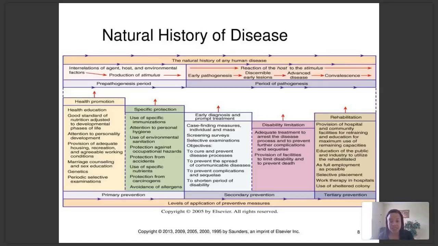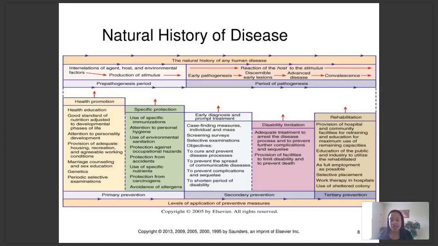So things like health education we're looking at, okay? Genetics is an increasing example of things that we're looking at to help prevent ahead of time so that the disease does not really occur. Personality development. And you wouldn't necessarily think personality development at first thought, but when you're thinking about holistic health and you're looking at it from mental health aspects, you're looking at it from societal aspects, personality development is going to be a component that you want to pay attention to.